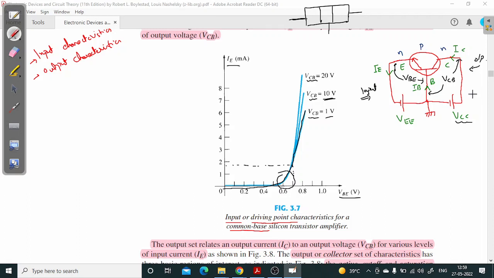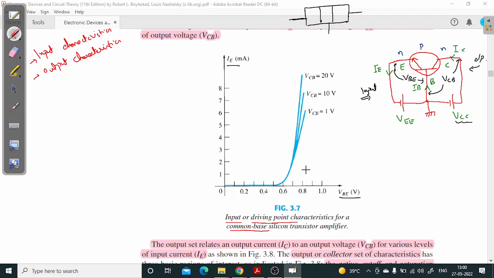Because of this, the value of current flowing inside this BJT would be more, and hence you see that the curve for VCB of 10 volts is on the left side as compared to VCB when it is 1 volt.